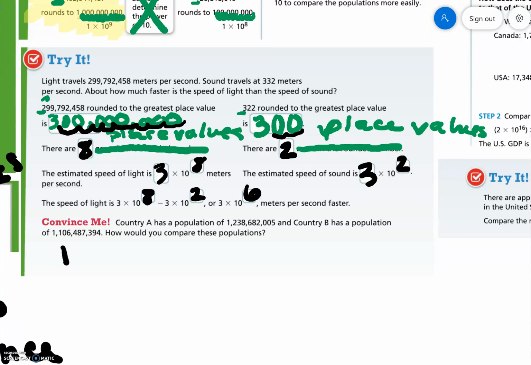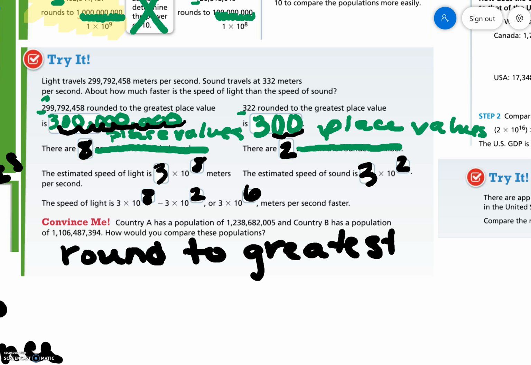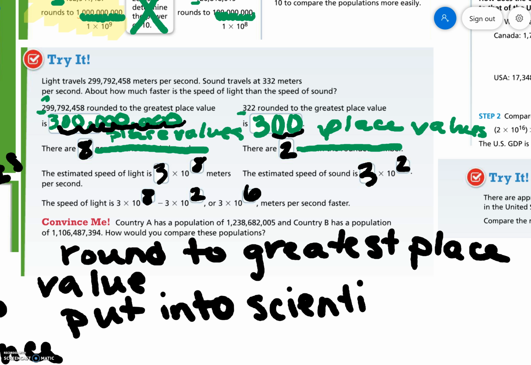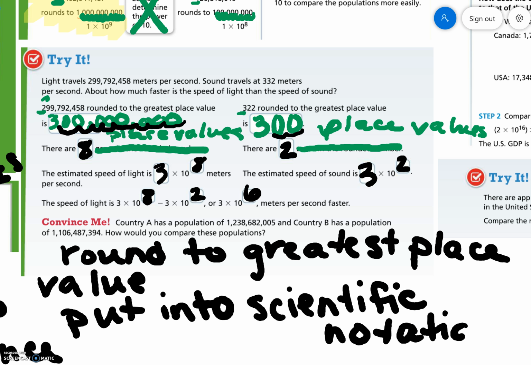We are going to round to the greatest place value, and then we are going to put it into scientific notation. Okay.